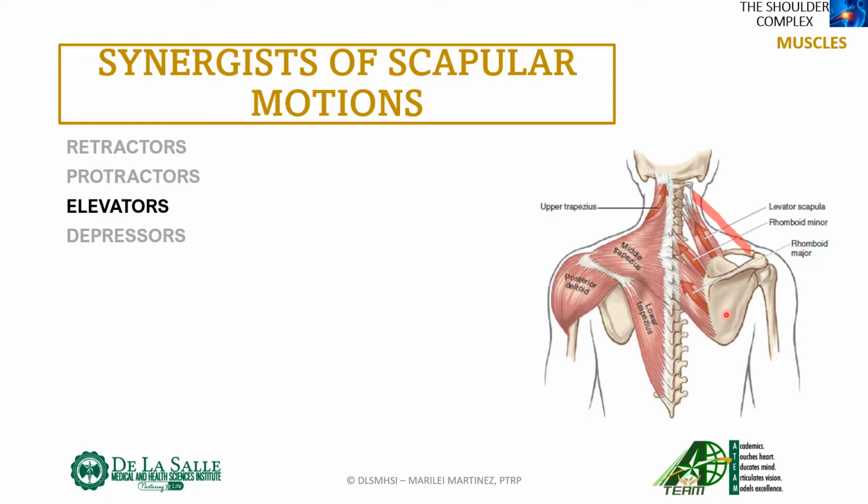So functionally, these muscles support the posture of the shoulder girdle and the upper extremity. Although it's variable to people, the ideal posture of the shoulder girdle is actually for the scapula to be slightly elevated. So please remember that, slightly elevated and retracted.